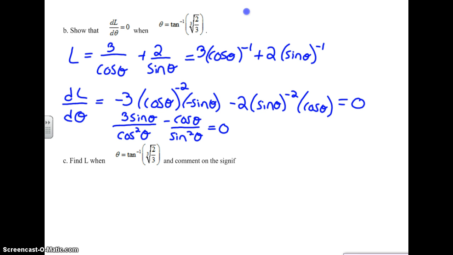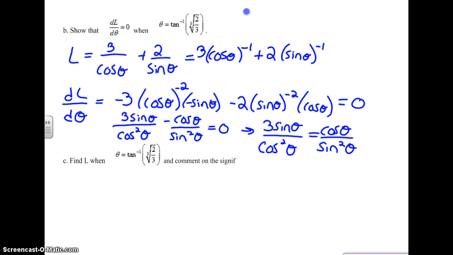Since it's equal to 0, I'm going to add my cosine divided by sine squared to the other side. So now I'm going to have 3 sine theta divided by cosine, and then I'm going to have that equal to cosine divided by sine.